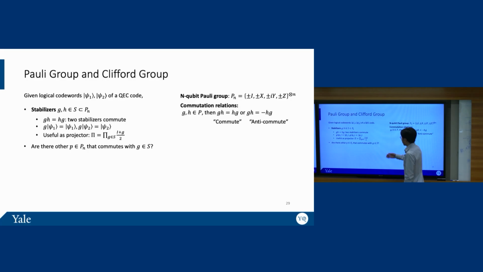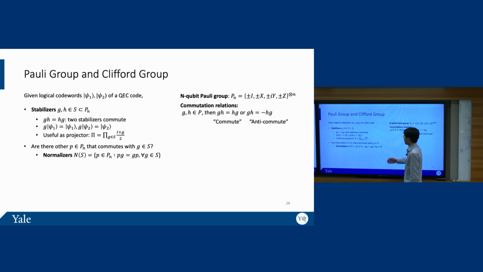The question we can ask is, are there other elements that we didn't pick from the Pauli group that also commute with my stabilizers? If there are any, that means they can be defined as logical operations. Or if it does nothing to the code words, then it's an identity.